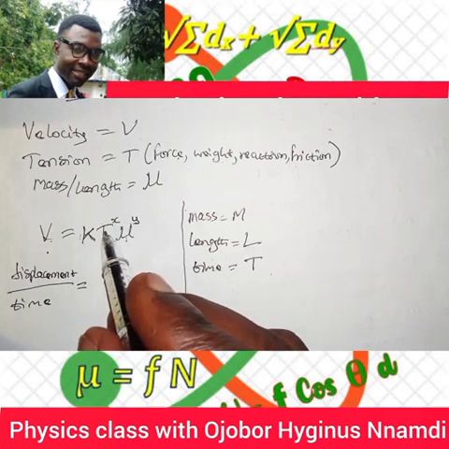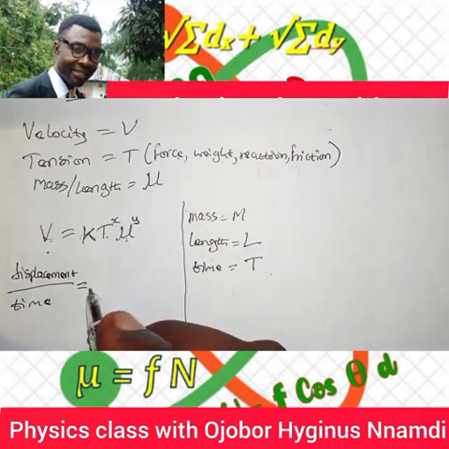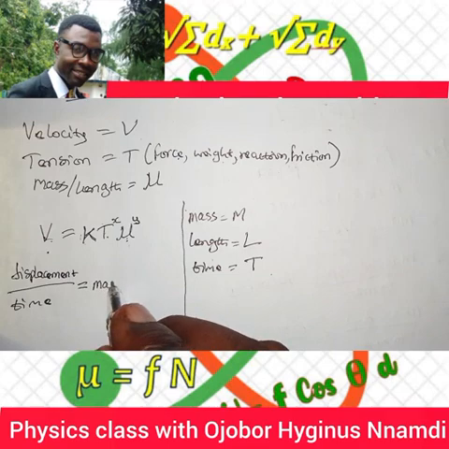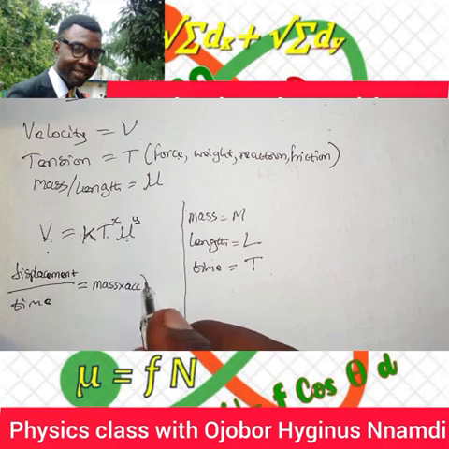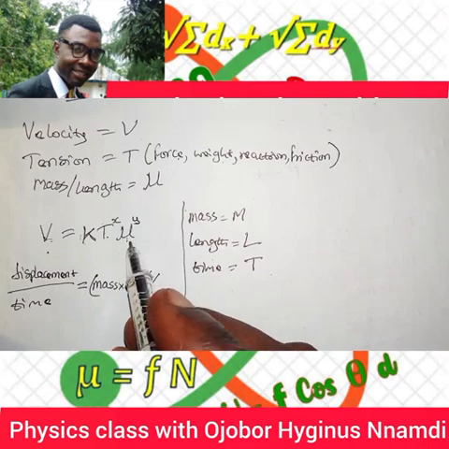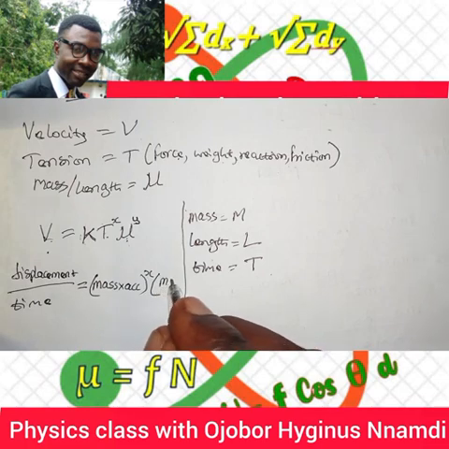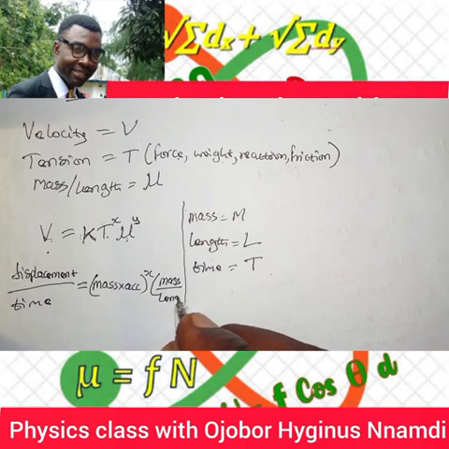So this is tension, and I said that tension is force, and you know that force is mass times acceleration. So we can use mass times acceleration raised to power x, and this one, the mu is mass per unit length. That is mass all over length. Mass over length raised to power y.